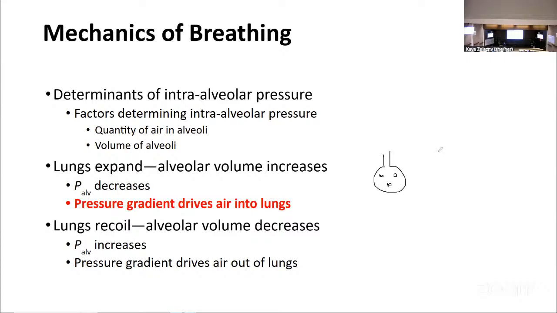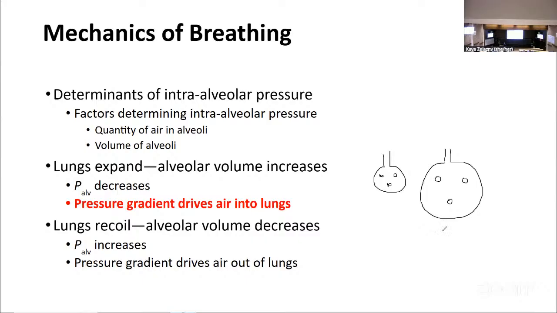As your lung gets pulled out with the chest wall, that alveolus gets bigger, so bigger volume. At first, as you're breathing in, we keep those same molecules of gas in here, but they're now way more spread out. So this is a lower pressure. We doubled the volume, so we would have actually halved the pressure here.